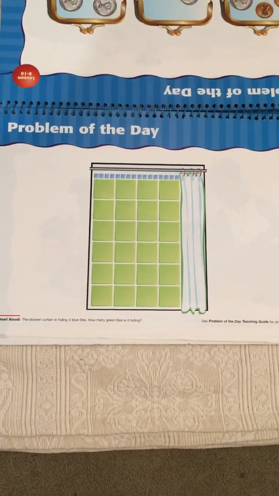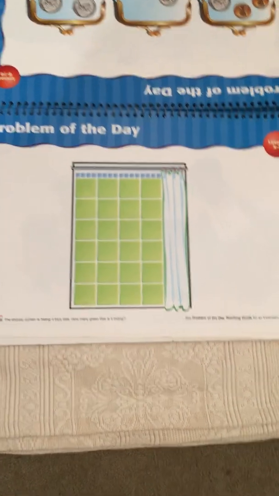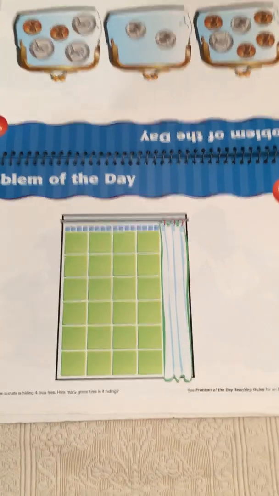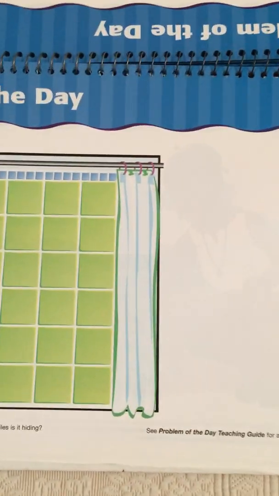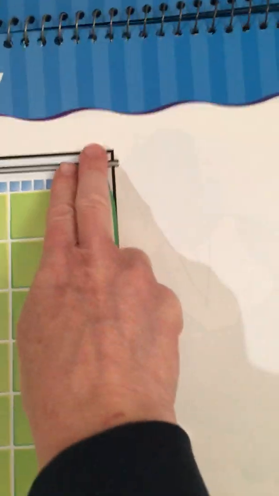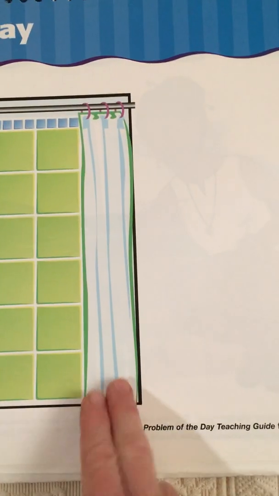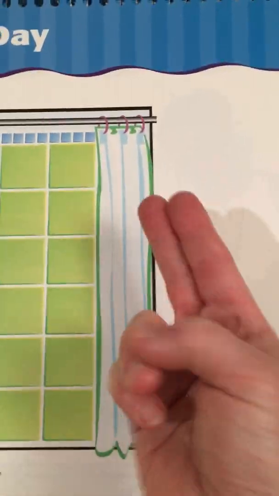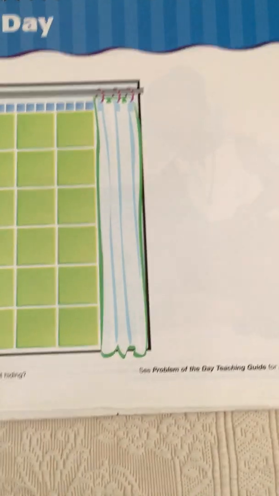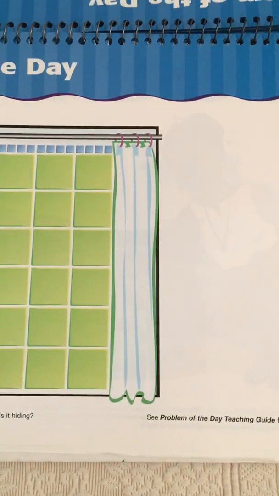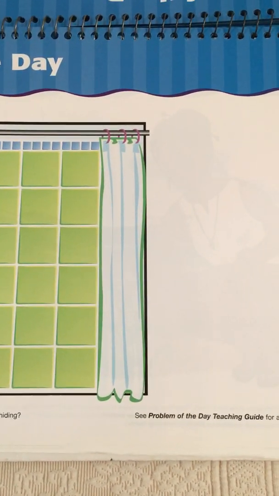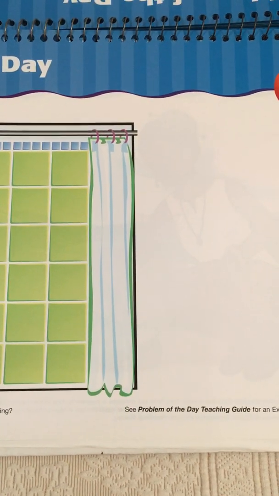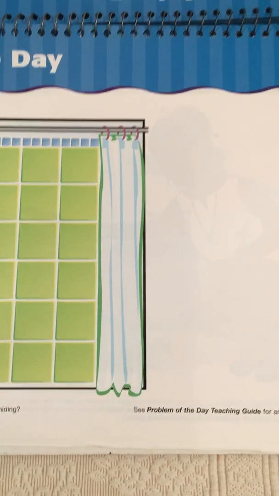And the question is, the shower curtain is hiding 4 blue tiles. There's the curtain. And behind the curtain, it says there are 4 blue tiles. Can you tell where those blue tiles are? Can you point? And then it says, how many green tiles is it hiding?